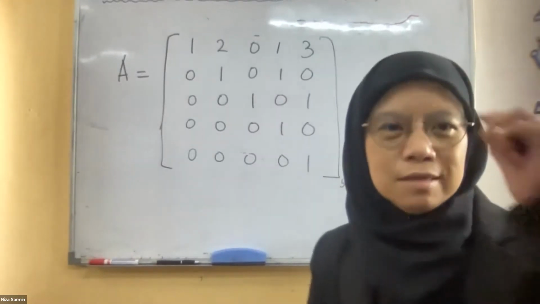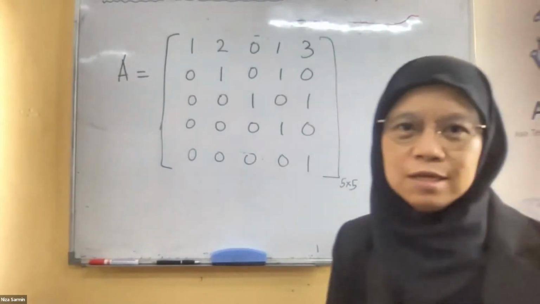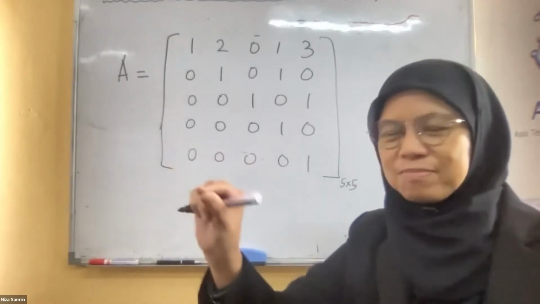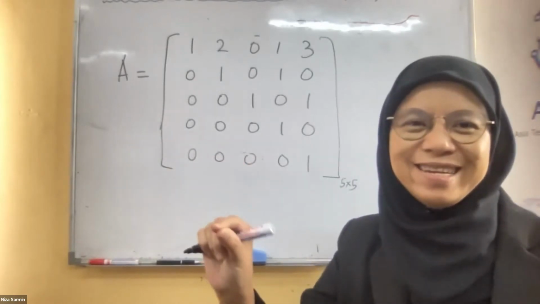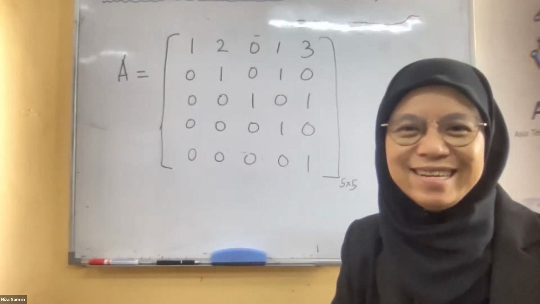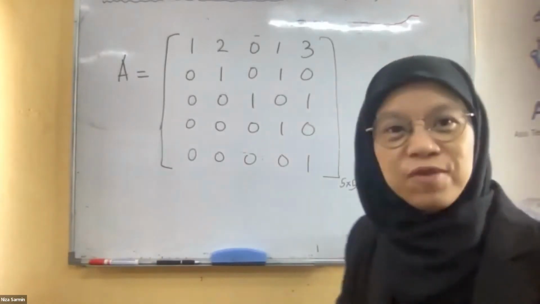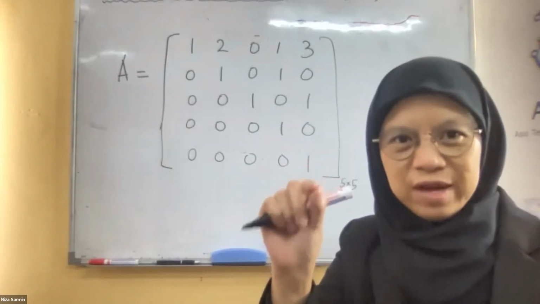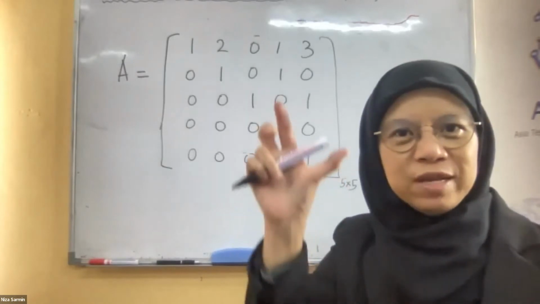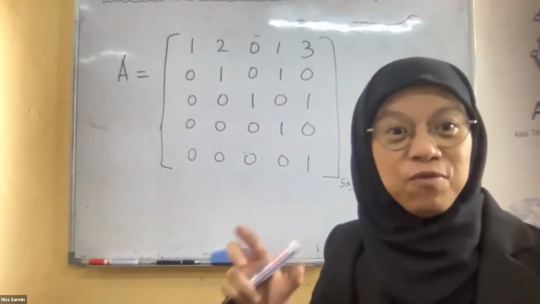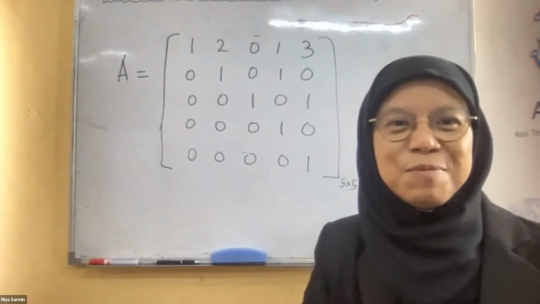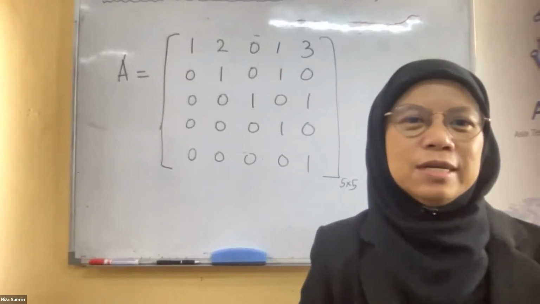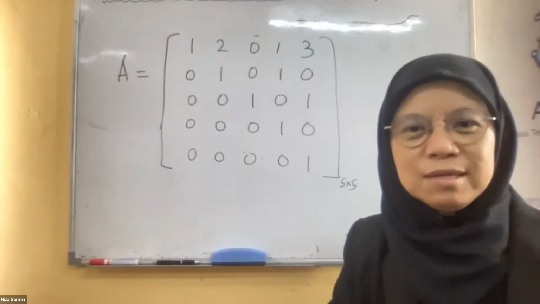Adli, if you want to find it using the adjoint, how many cofactors do you have to write? 25, right? Then for every one of those 25, you have to find the determinant of a 4 by 4. Just writing it out, how long would it take?